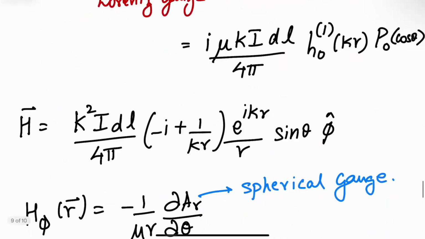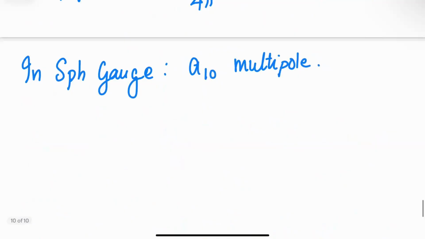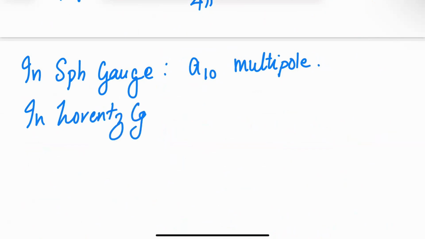So in Lorentz gauge, actually, it is A00. At the end, you get the same fields. Right? So doesn't matter. So we'll just deal with the Lorentz gauge for now. A00 multipole.